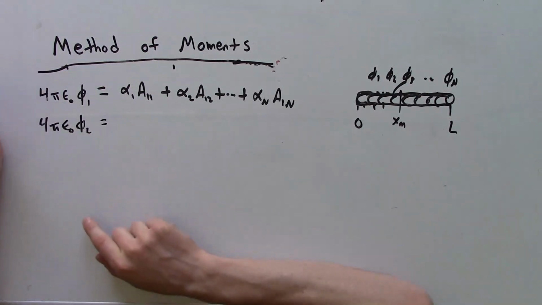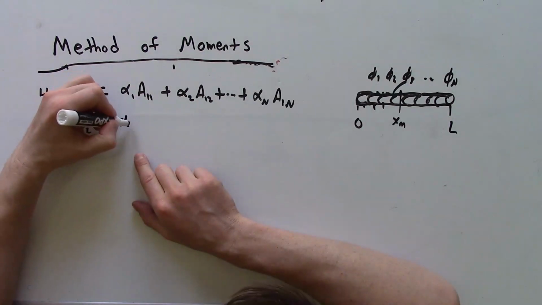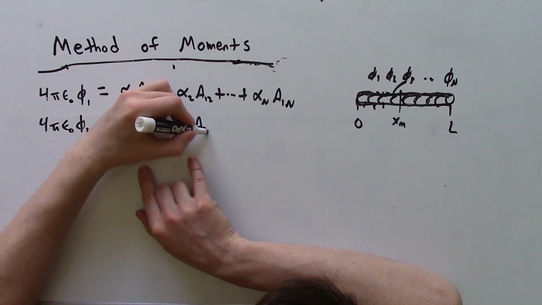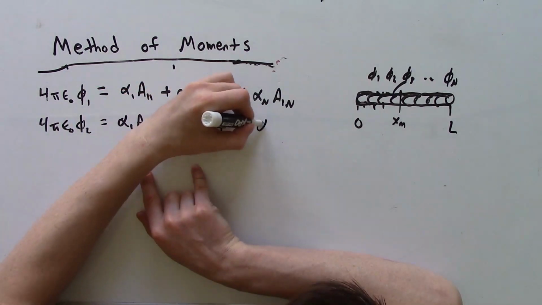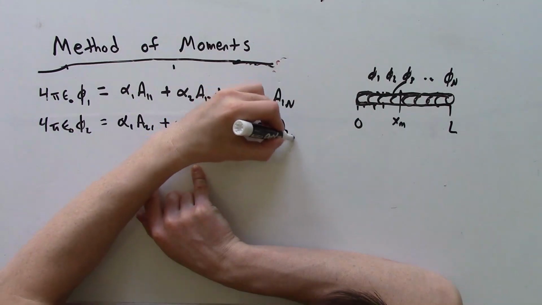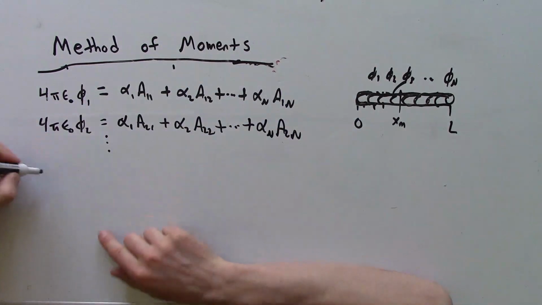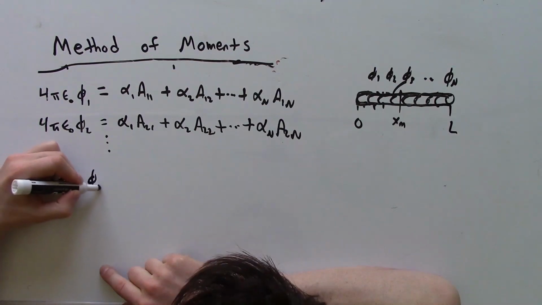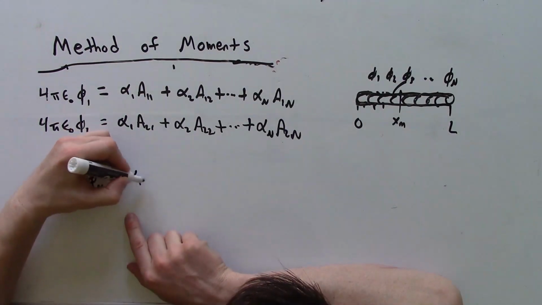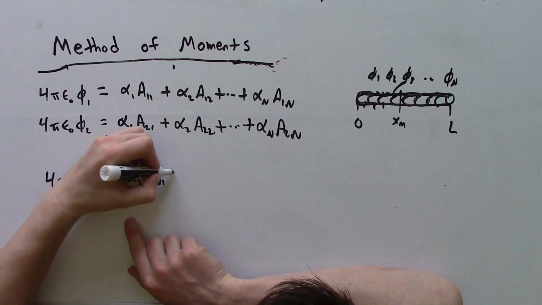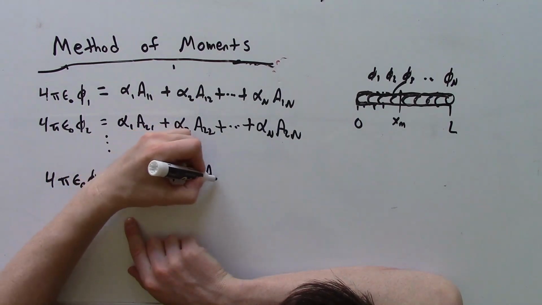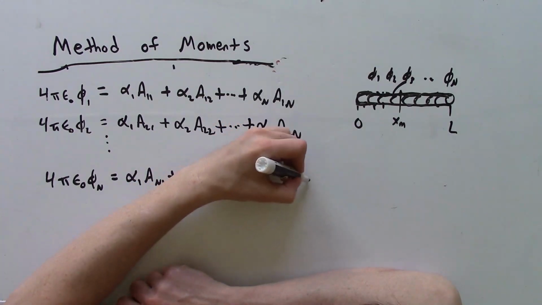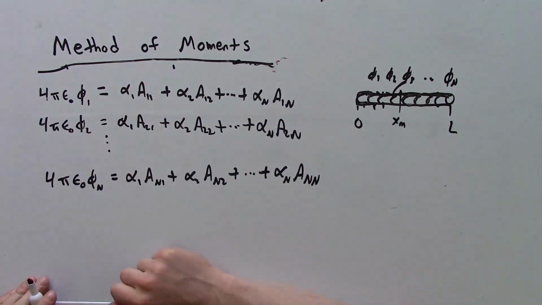So I'm going to leave it as a generic phi 1, phi 2. So this will be alpha 1 a21 plus alpha 2 a22 plus ... plus alpha n a2n, and so on, all the way out to 4 pi epsilon naught phi n is equal to alpha 1 a sub n1 plus alpha 2 a sub n2 plus ... plus alpha n a sub nn.